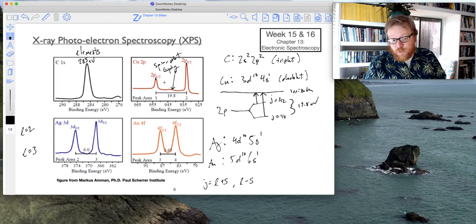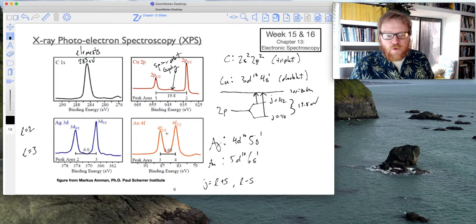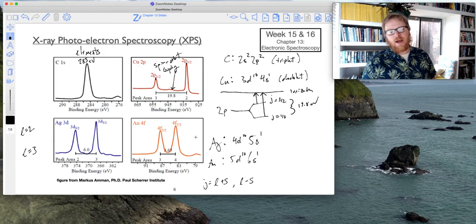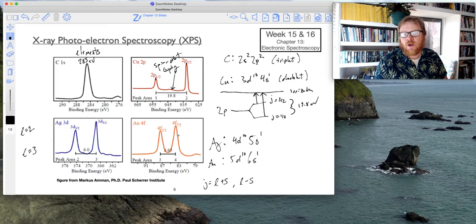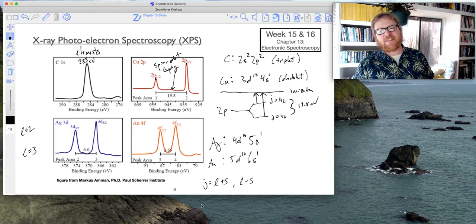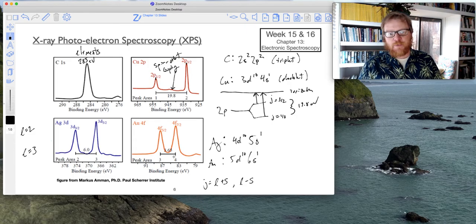So for example, if we saw that it was exactly 19.8, we could definitely say we have copper in our sample. Or if we saw the spin-orbit coupling constant of 3.65 with two peaks shaped like this, we could definitely say that it's gold. So that spin-orbit coupling constant is a diagnostic characteristic of various elements.